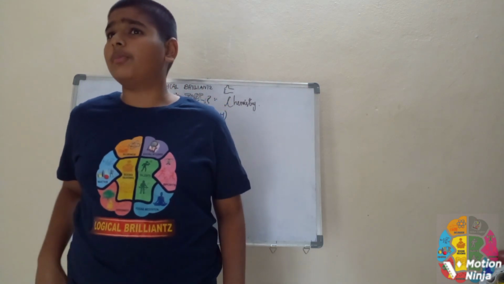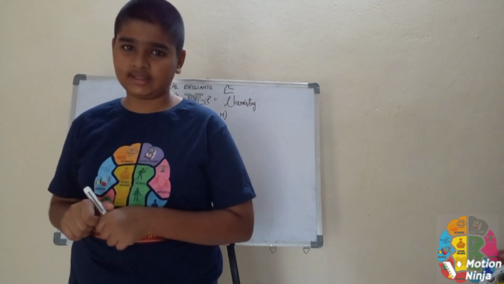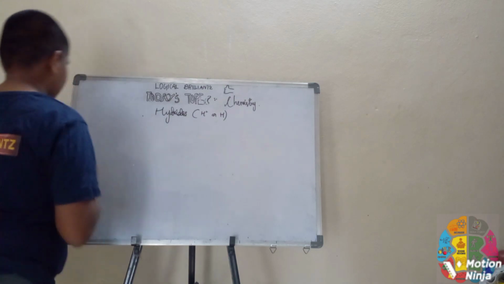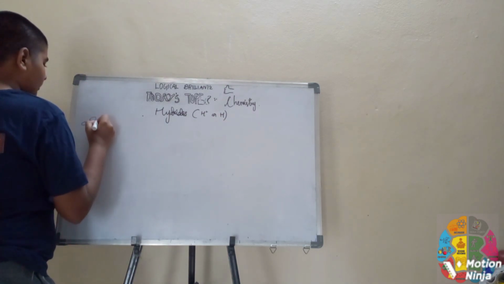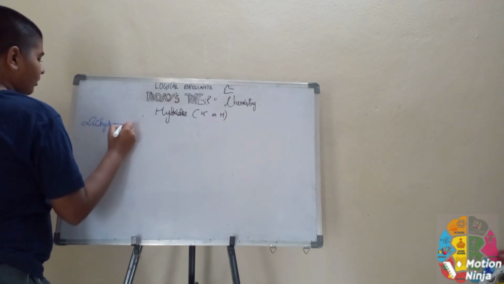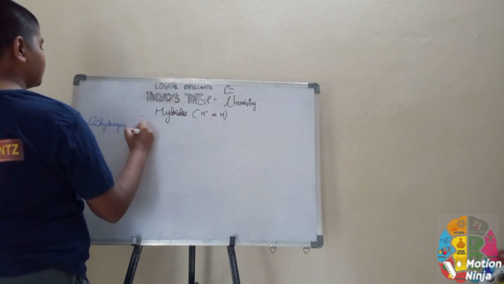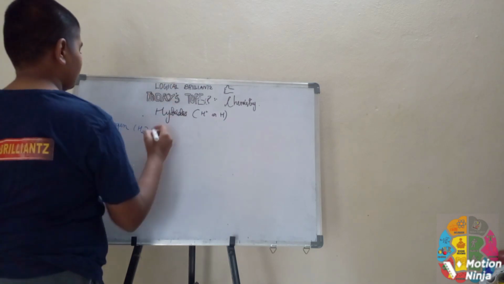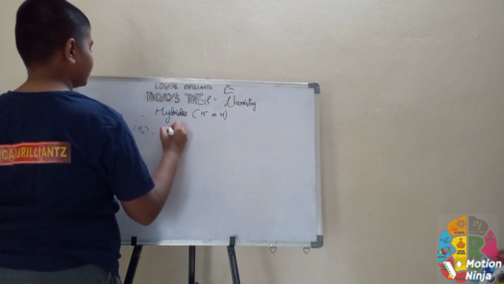So basically and mainly, what are hydrides? Dihydrogen. What is dihydrogen? Dihydrogen is nothing but H2.